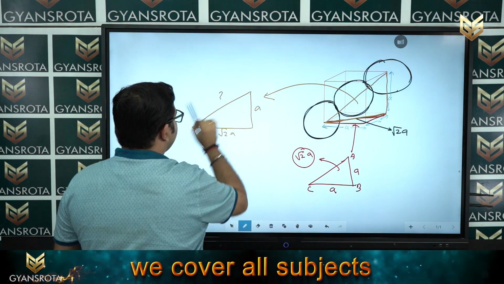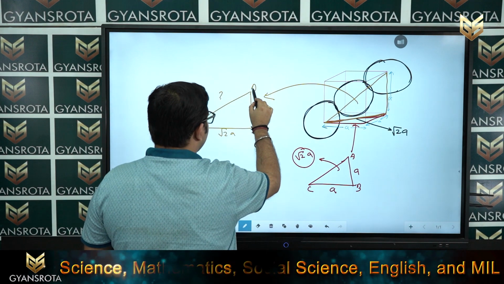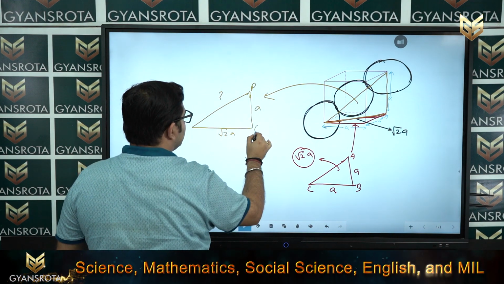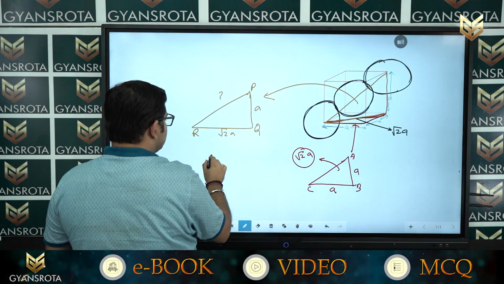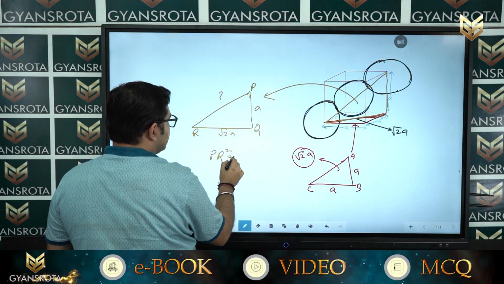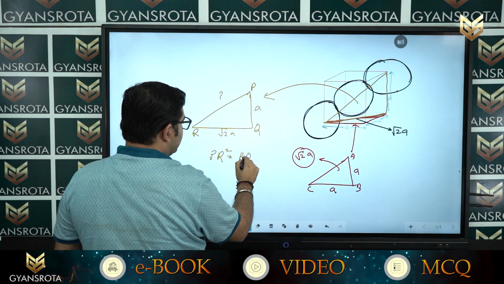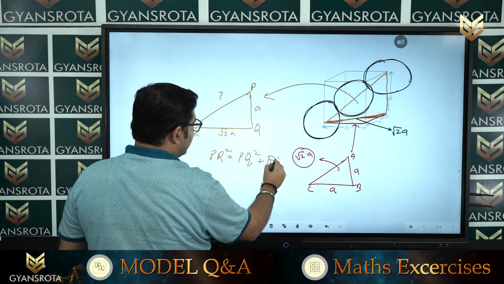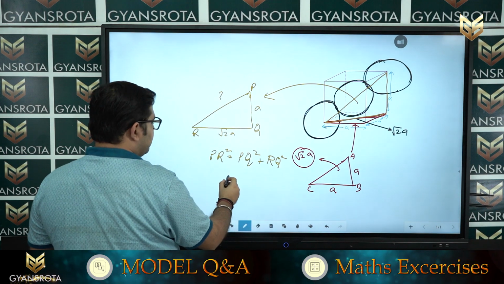Now we have to find this one. Again, here I am putting P, Q and R. So, PR square is equal to PQ square plus RQ square. This is again the Pythagoras theorem.